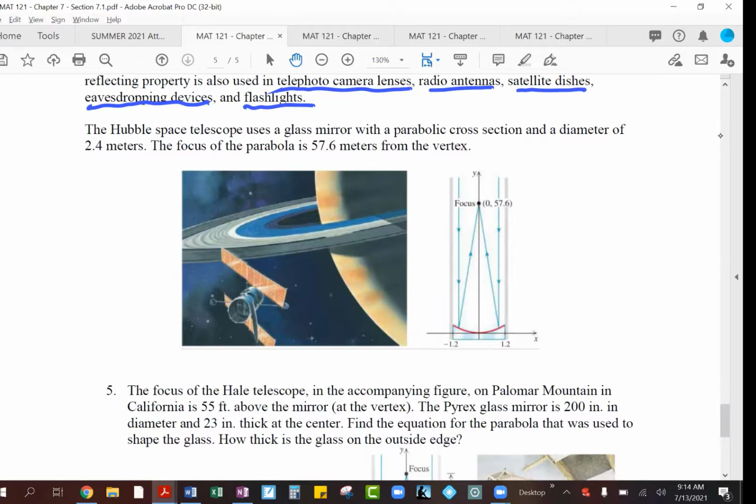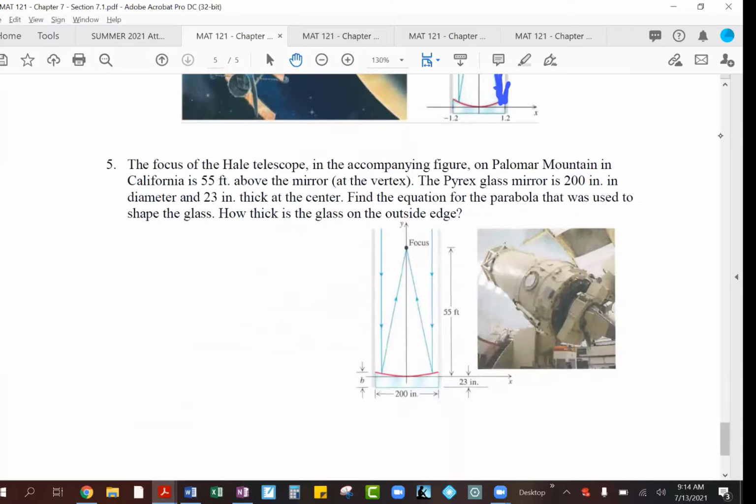So again, you can see the light bounces off that parabolic mirror, and then it goes towards the focus. And normally that's where we would place the eyepiece for the telescope. So then, of course, you get a great image of whatever planet or star you are looking at a distance. So just some different properties.